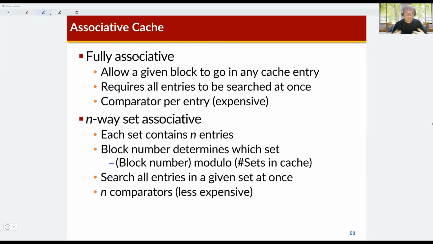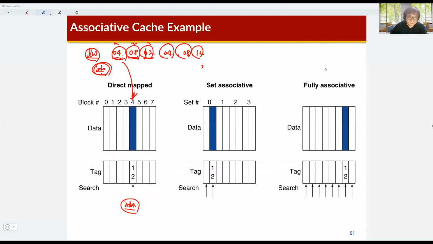Then, how can you solve this problem? I explained that we can identify the data with the address. So if we remove this rule, what's the rule? This is the index field of the cache: the low part of the address is used as the index field.